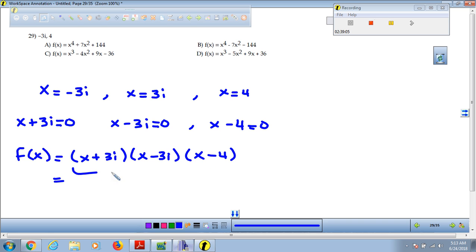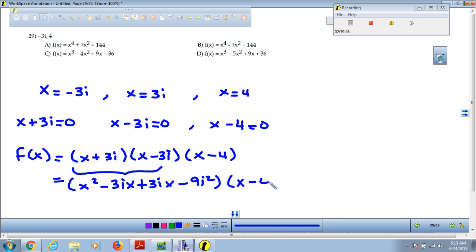Conjugates always together. So x squared times x squared, times negative 3i is negative 3ix, 3i times x is positive 3ix, 3i times negative 3i is negative 9i squared. I'll do the multiplication times x minus 4 at the end.